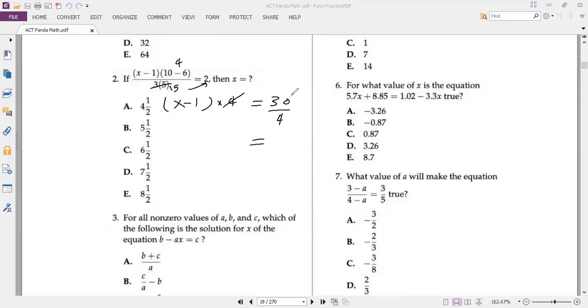So we have 7.5. So x minus 1, transitive operation of plus 1 should be here. So x equals 8.5, option E.